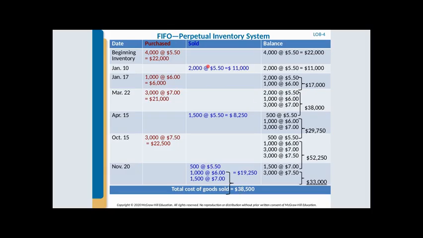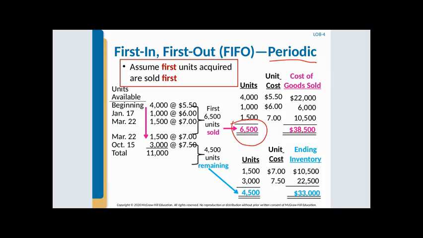If we're using perpetual, it's pretty much the same, right? In fact, if you look at total cost of goods sold for the perpetual inventory system and the ending inventory, it is the same as periodic.